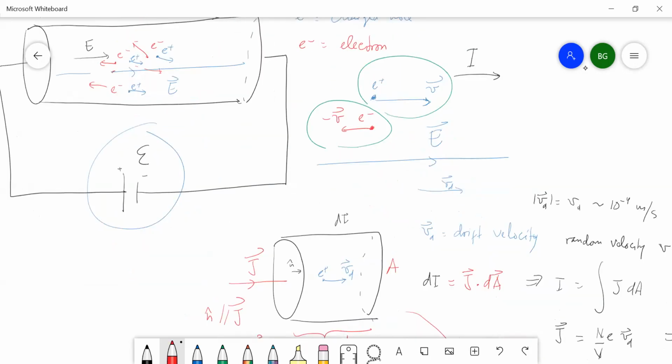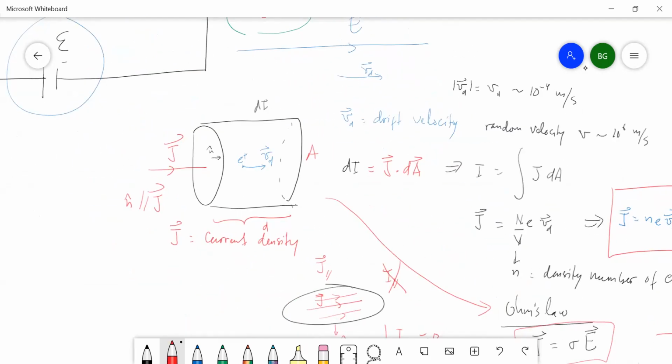The definition of the current is the integral of the vector J dot dA, and the area element is also a vector.